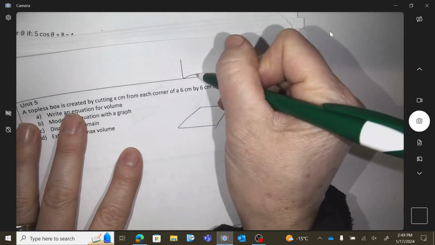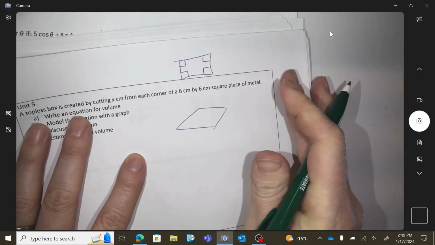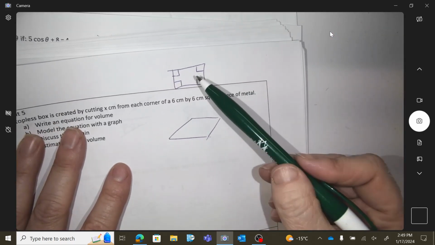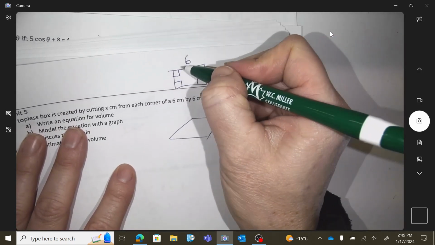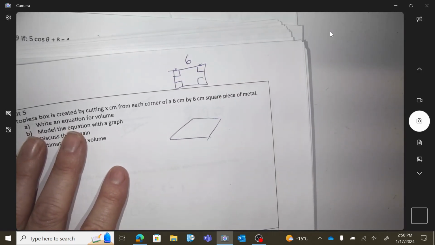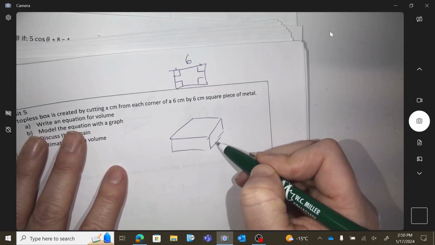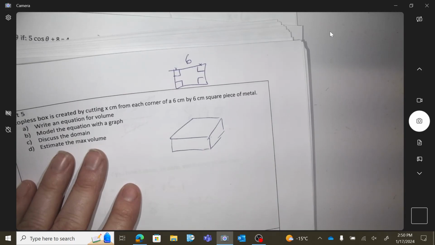Okay, so do you remember what this one was about? You took a piece of paper and it was 6 centimeters and then you cut the corners out. And then you flipped the corners and made a box with it.